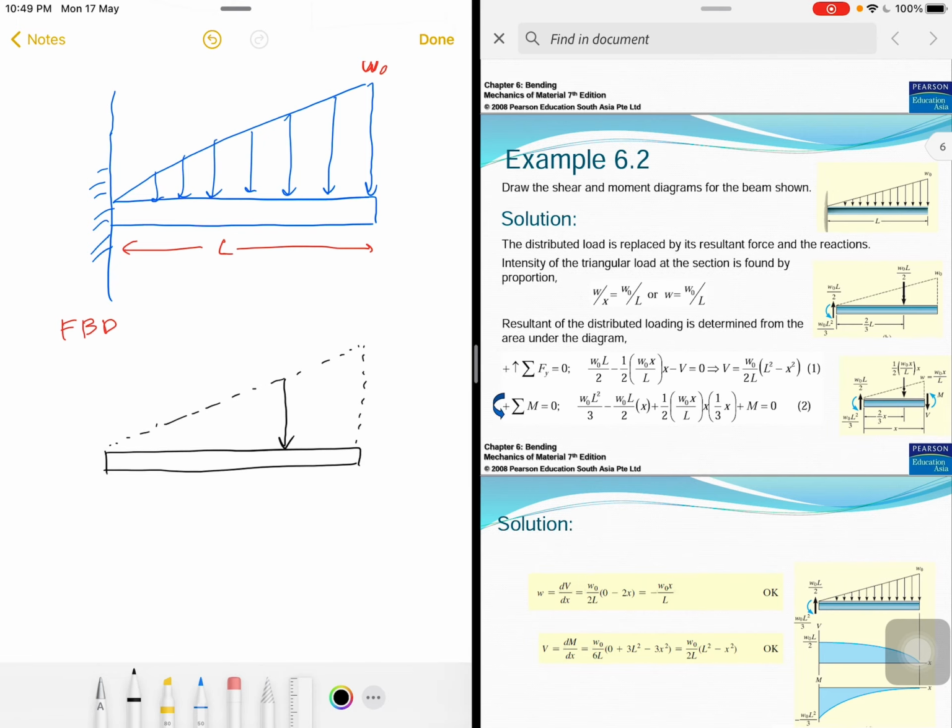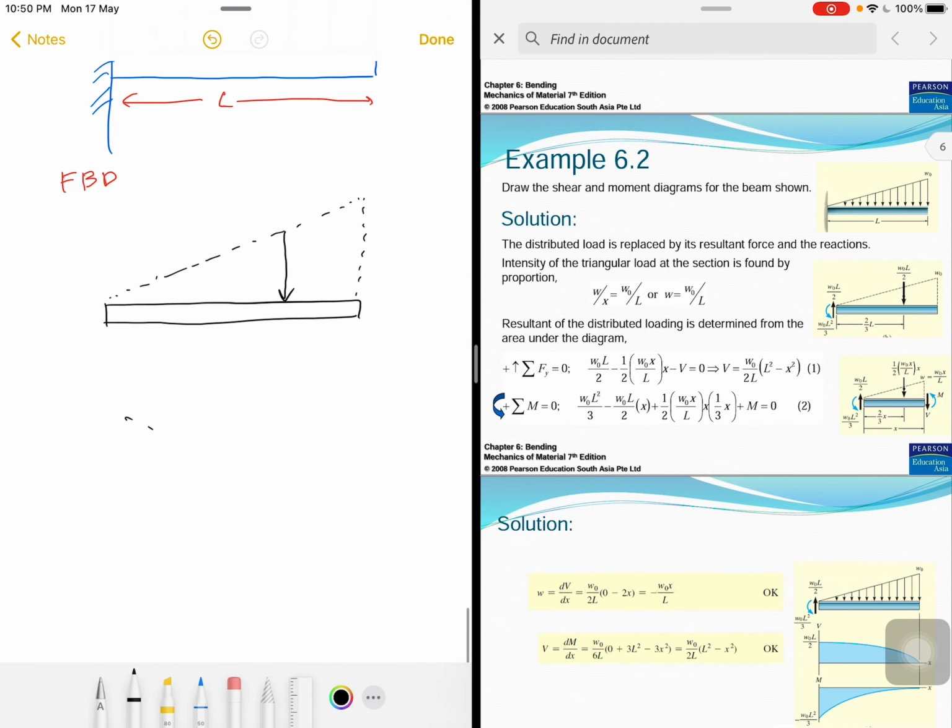If the distributed load is like this, okay, so the 2/3 is right here, 2/3 from the end, or 1/3 from here.